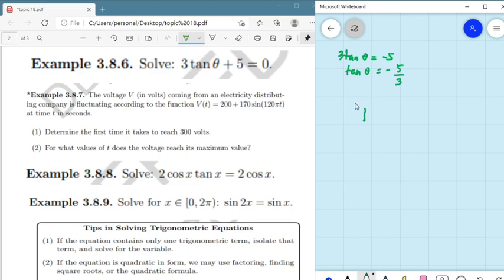Therefore, we can say that theta is the inverse function of tangent of negative 5 over 3, plus k pi, wherein k is in the set of all integers.